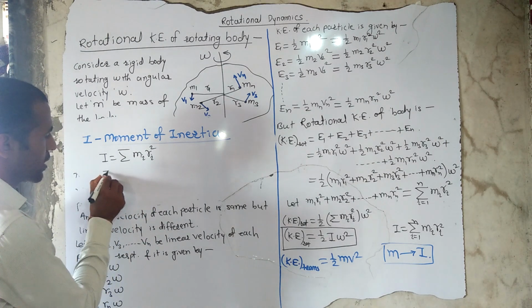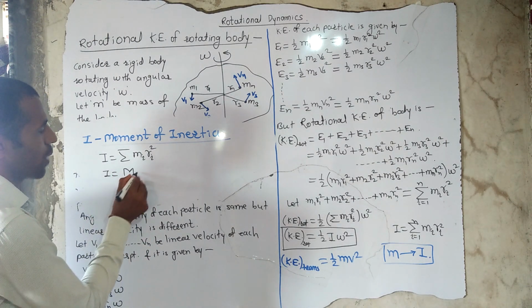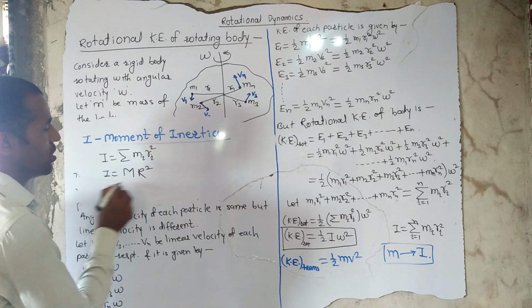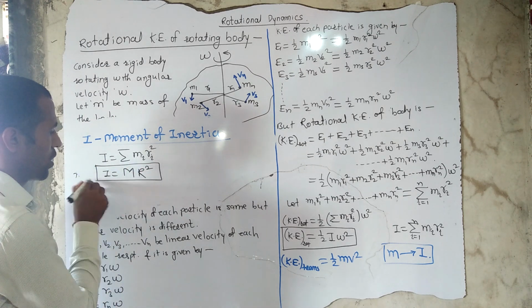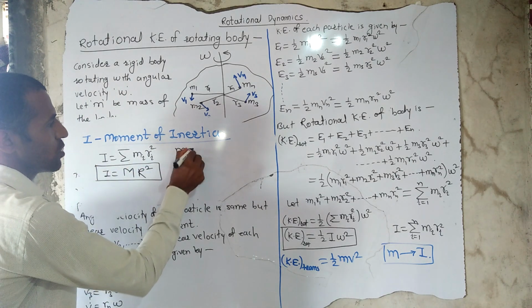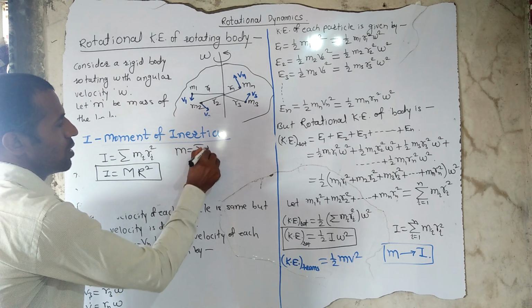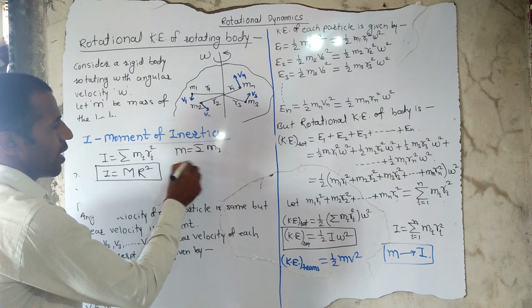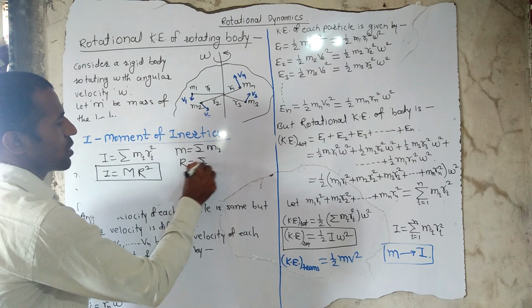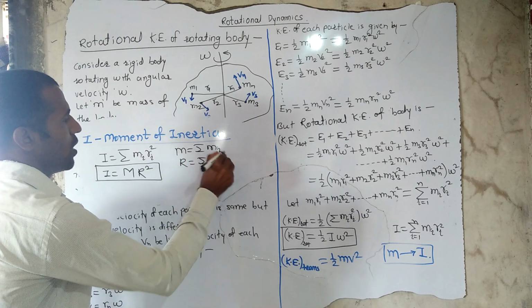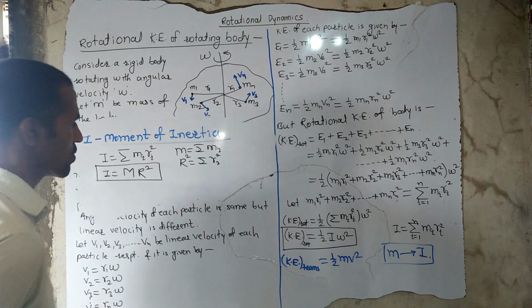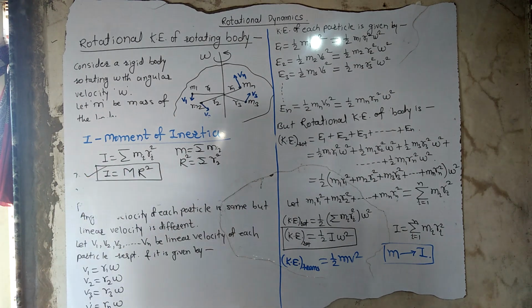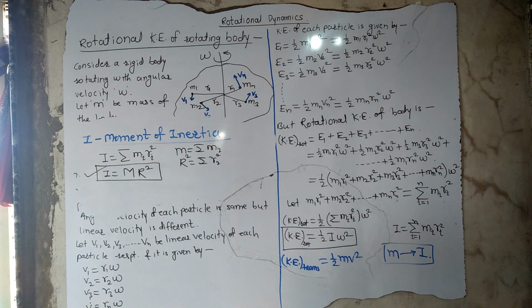So we can write I is equal to capital M into R square, where capital M is equal to summation of mi and R square is equal to summation of ri square. Okay, this is the moment of inertia of the rotating body.